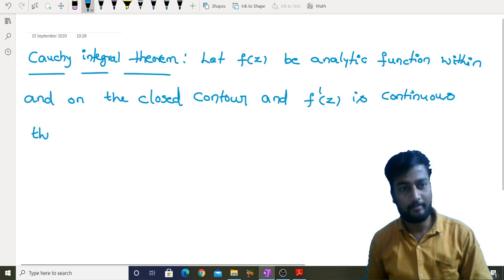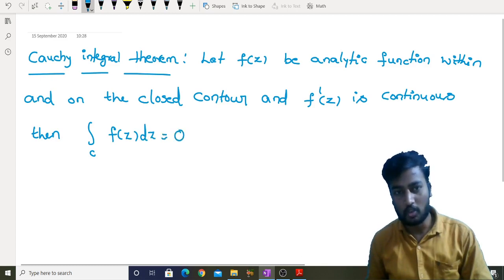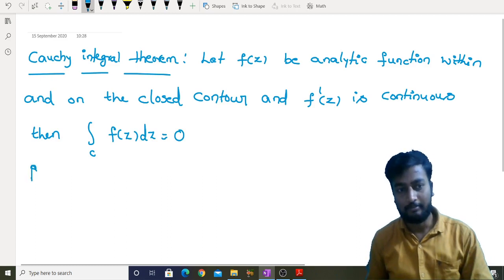Then the integral over C of f of z dz is always 0. That is our statement of the Cauchy integral theorem, right?